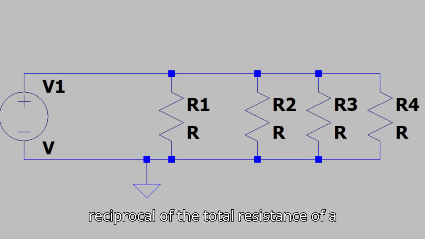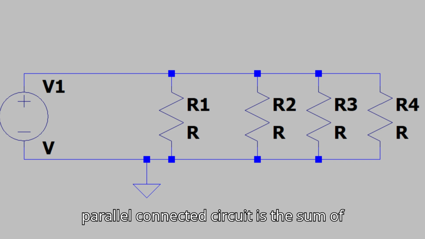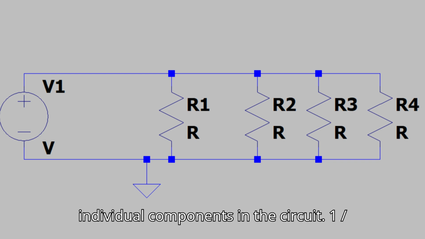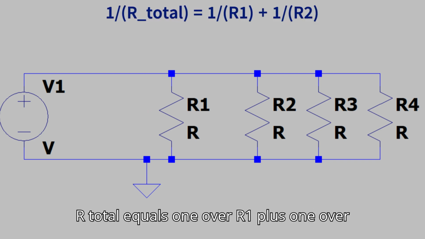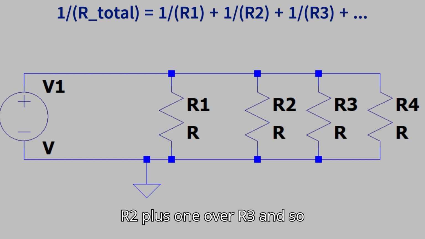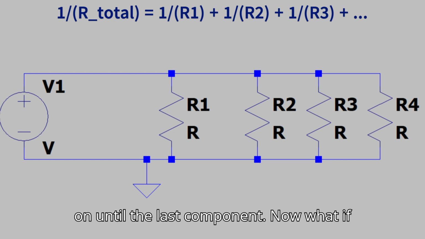The reciprocal of the total resistance of a parallel connected circuit is the sum of the reciprocals of the resistances of the individual components in the circuit. 1 over R total equals 1 over R1 plus 1 over R2 plus 1 over R3, and so on until the last component.